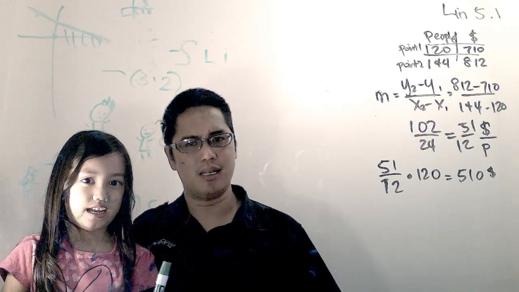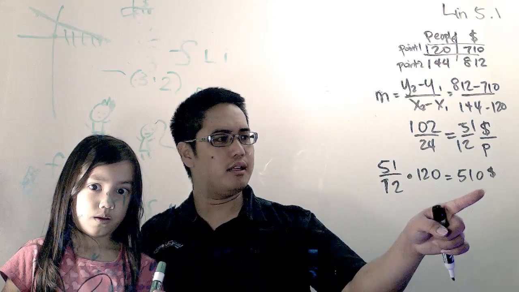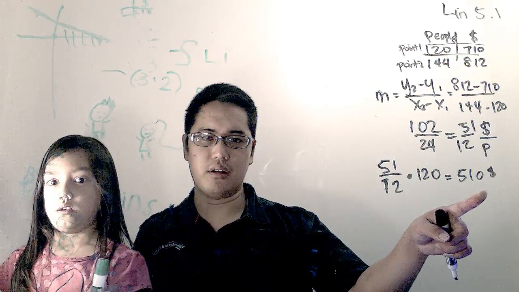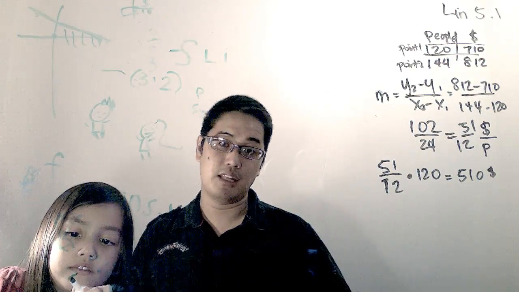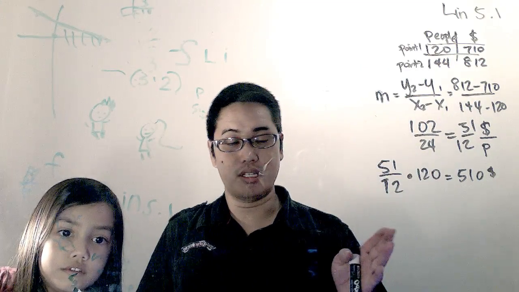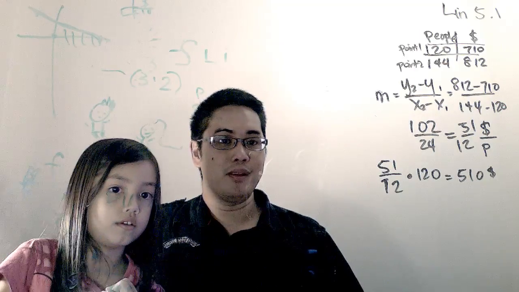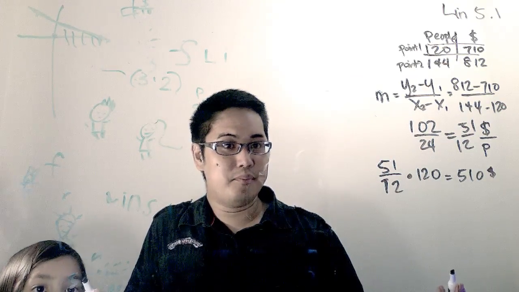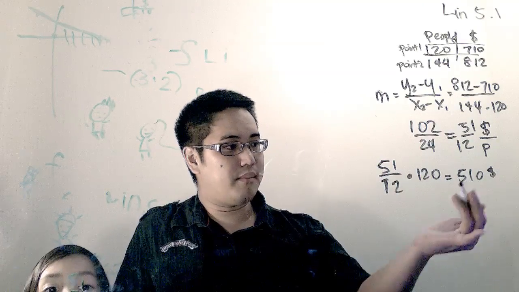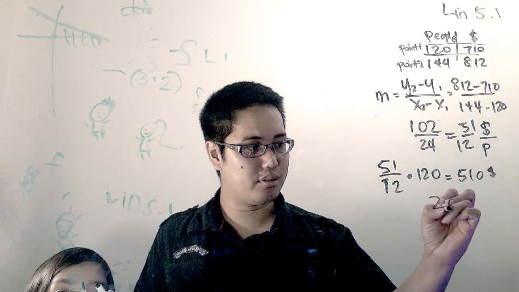And I say, wait a second, I calculate that out to be only $510. How come you're charging me $710? And then what would they say? Well, then they would tell me about this facility renting fee. So if my question to you was, what is the facility renting fee? I can simply subtract 710 minus 510, and I'll get $200.